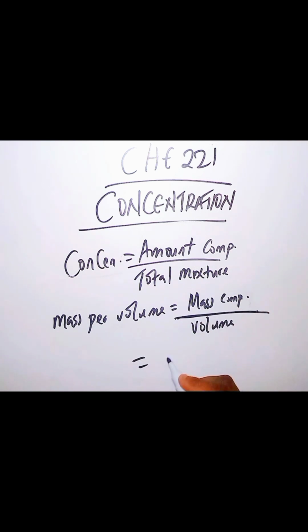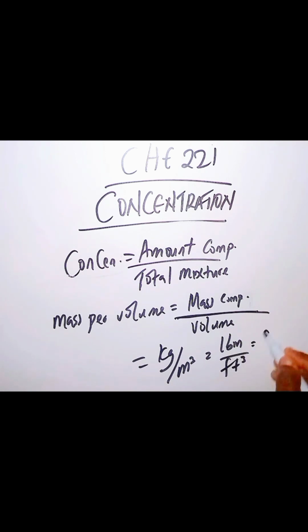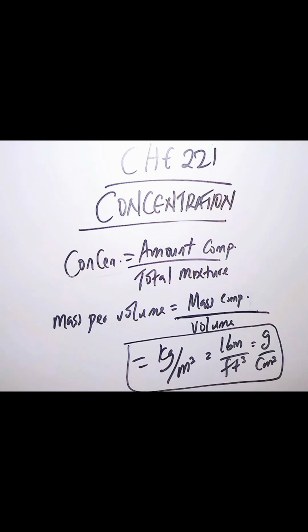The unit for this is in terms of kilogram per meter cube, or pound mass per cubic feet, or you hear gram per cm cube. These are various ways in which mass per volume can be expressed. We can also call this mass concentration. It tends to have the same unit as that of density.